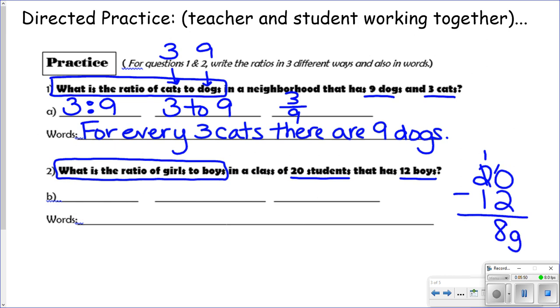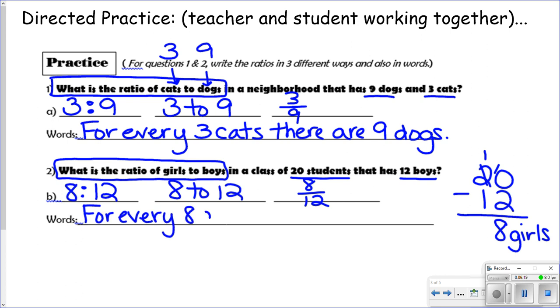And if I take 20 minus 12, I get 12 girls. Or I'm sorry, 8 girls. So girls information needs to come first. That's 8 to boys, 12. 8 to 12. 8 as my numerator, 12 is my denominator. And the sentence, for every 8 girls, there are 12 boys.